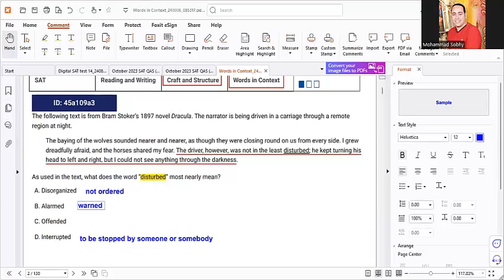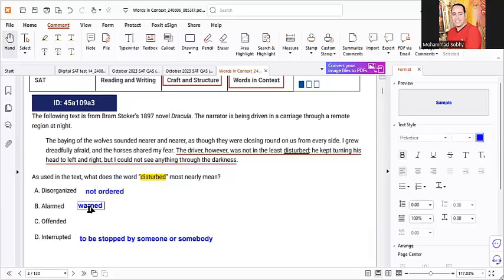You need to know the meaning of most of these words. Offended means to make someone upset or angry. Offend or offended, to be angry or upset because of someone. This is the meaning of offended. So now you can make the correct choice.